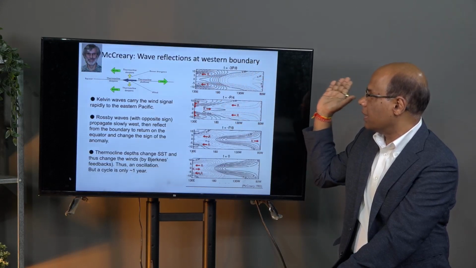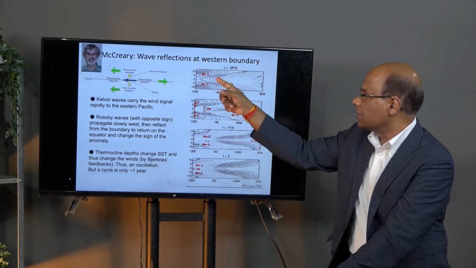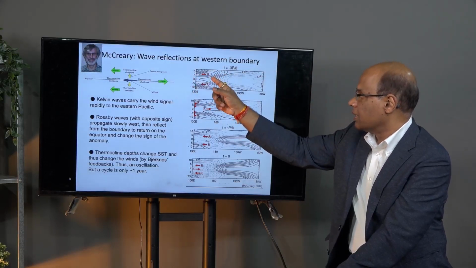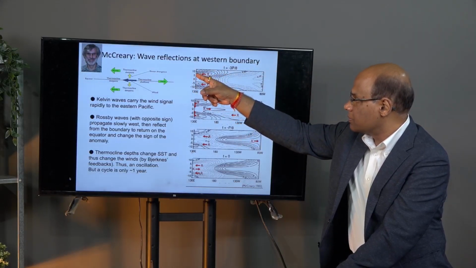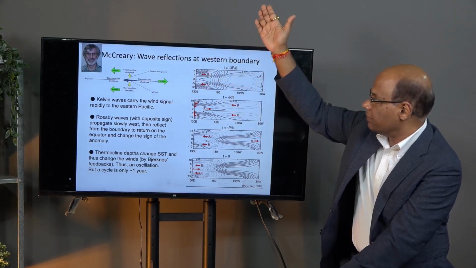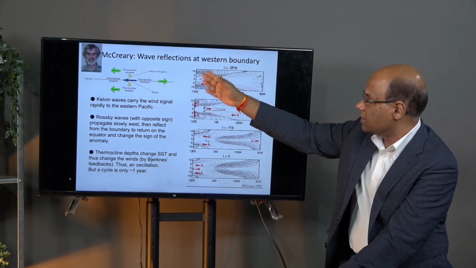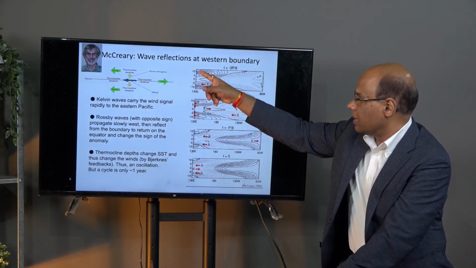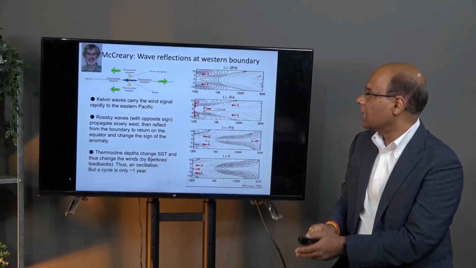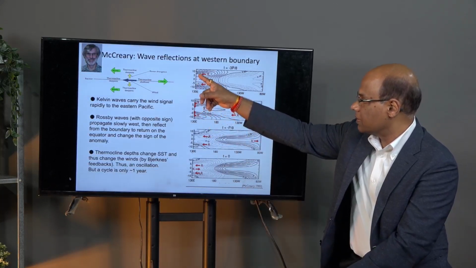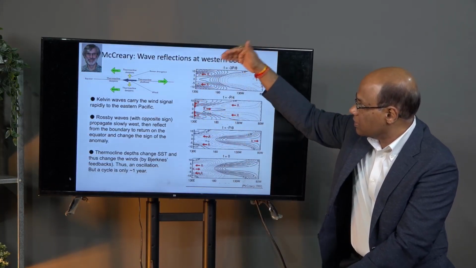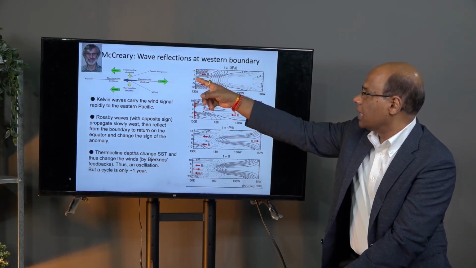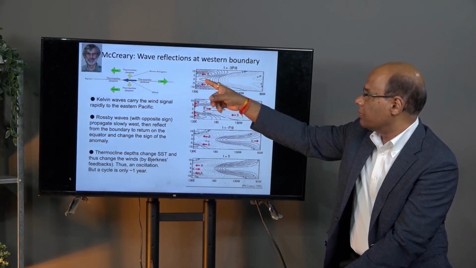Rossby waves usually propagate from east to west. So the high volume of warm water moves westward because of the Rossby waves, and then the Rossby waves deflect on the Philippine coast and the Indonesian coast and reach the equator as coastal Kelvin waves. A Kelvin wave needs a boundary to the left in the southern hemisphere and to the right in the northern hemisphere. So when the Rossby waves reach the coast, they are converted into Kelvin waves, and when the Kelvin waves reach the equator, they propagate back.